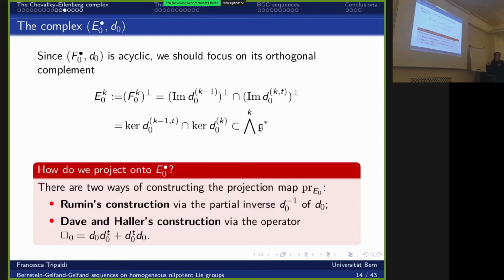So, does it make sense? This is the same as this, right? If you discarded this and put in this, it's literally the cohomology of d0, not just as a quotient, but as a subspace.